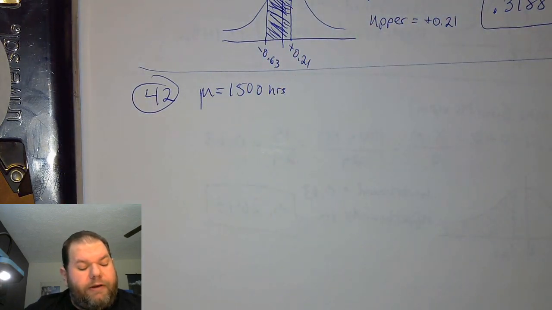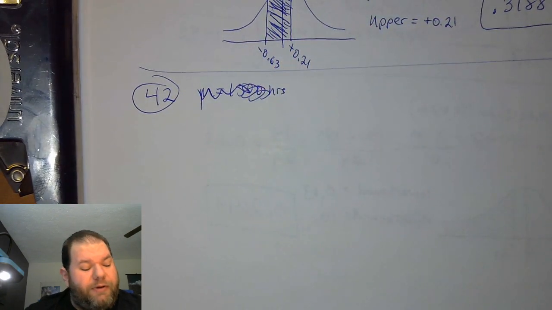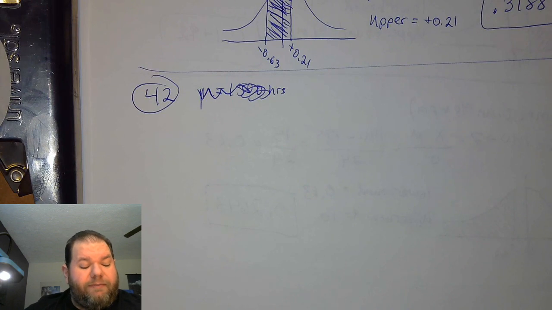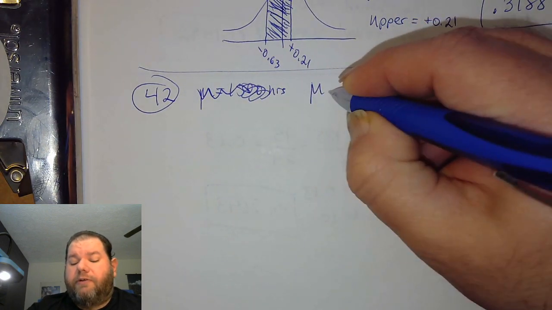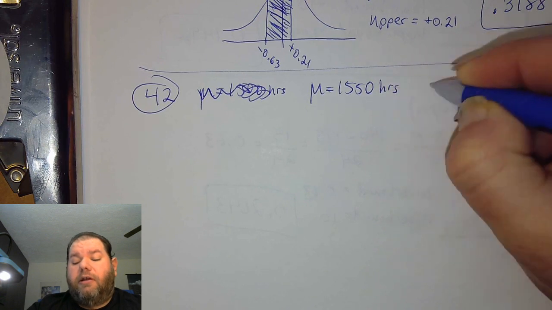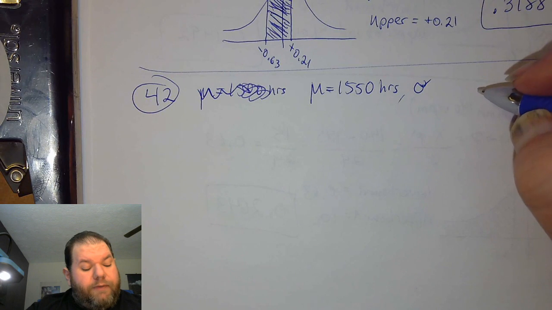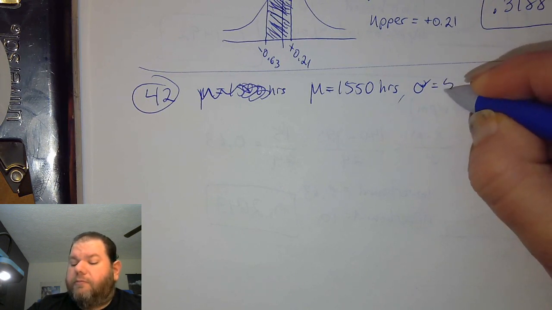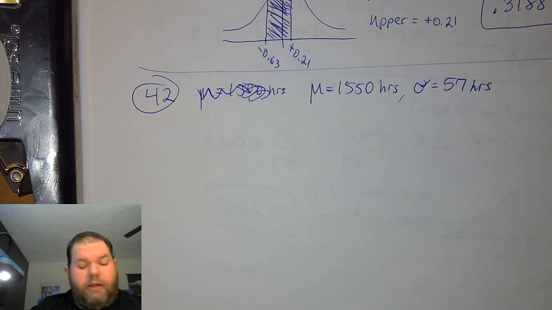Suppose that the lifetimes of light bulbs are approximately normally distributed with a mean of 1,550 hours. That's our mean. And a standard deviation of 57 hours. So that's our mean and our standard deviation provided.